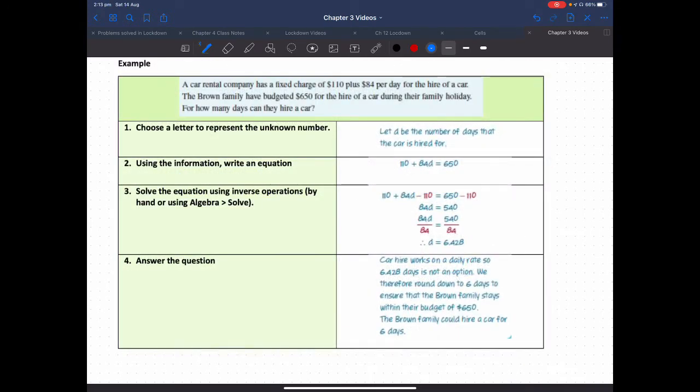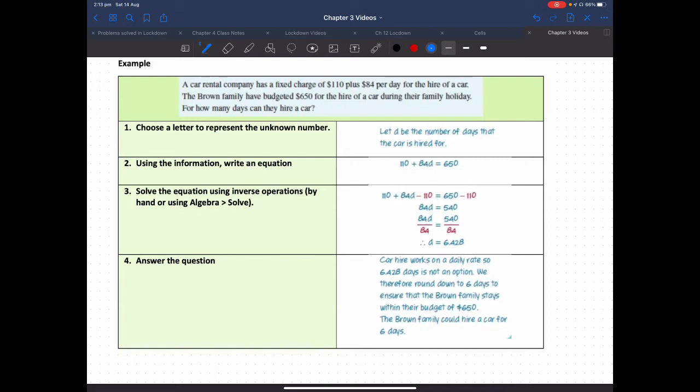In this example, we have only words and numbers. There are no variables, letters given for you. So we'll have to work out what the letters will be as we go.